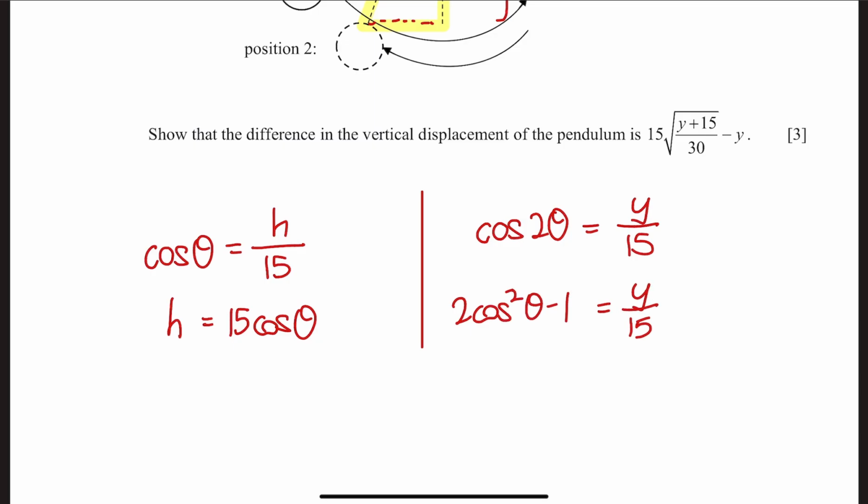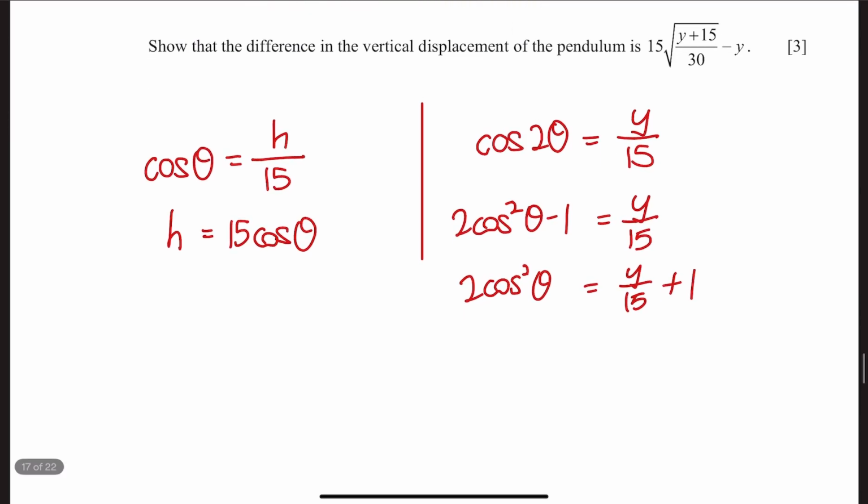This means that 2 cosine square theta is equal to y over 15 plus 1. Therefore, cosine square theta is equal to y plus 15 over 30.